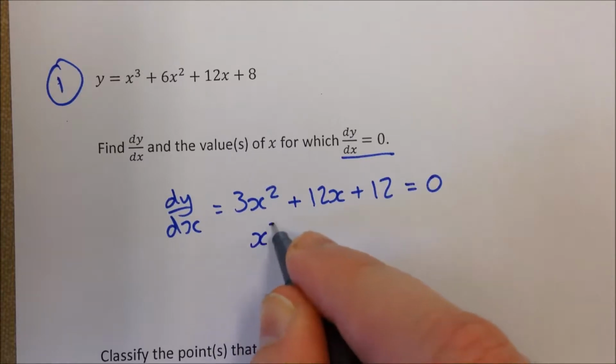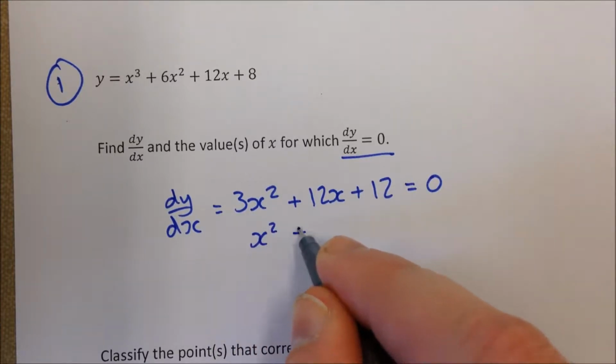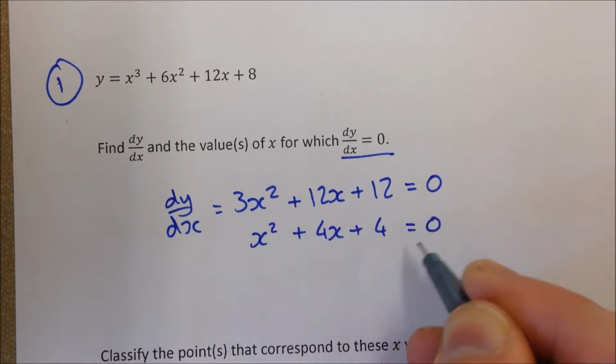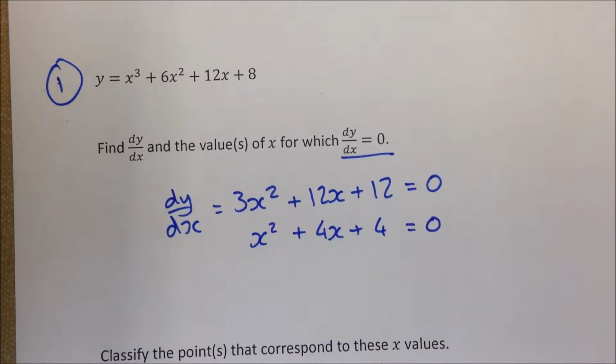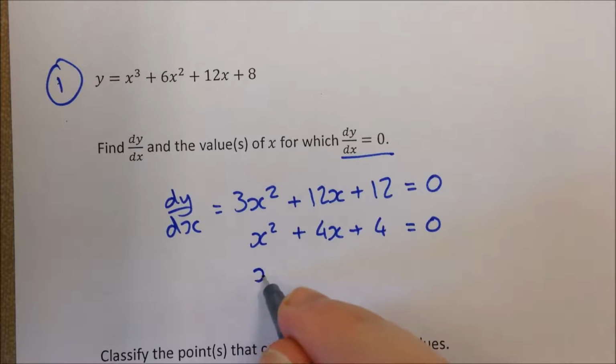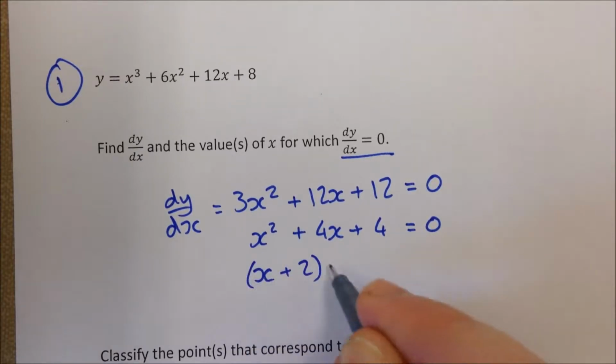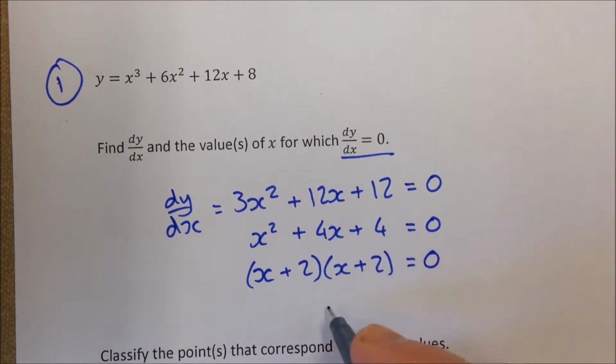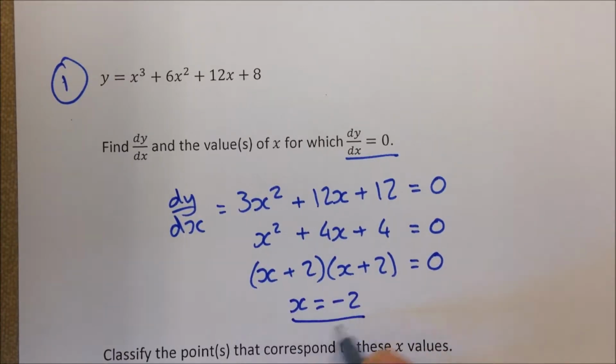So I can divide everything by 3. And now I can factorise. So that means that x equals minus 2.